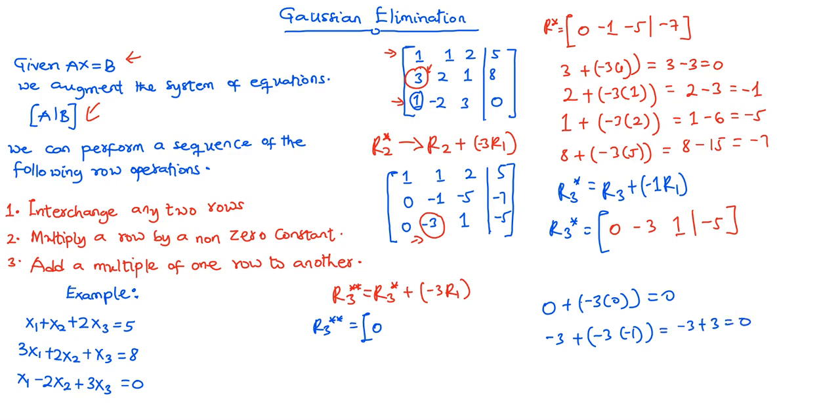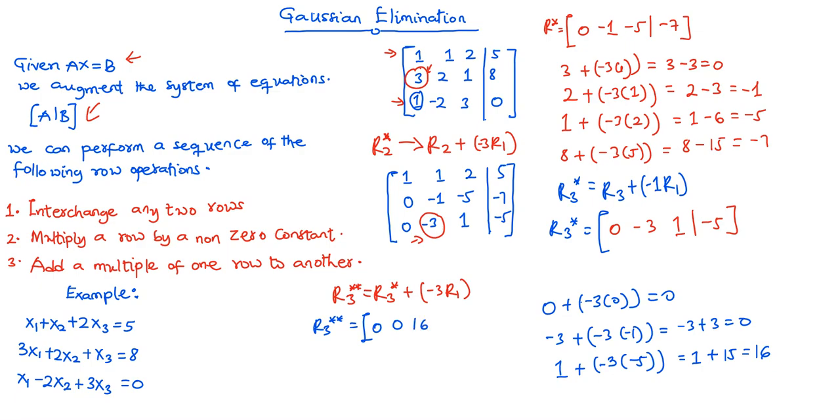And this will be equal to 0. So we get the second entry to also be 0. And then the third one, we're going to have 1 plus minus 3 multiplying minus 5. So let's see this. You're going to have 1 plus 15, which will give us a value of what? 16. So we will have 16 here.